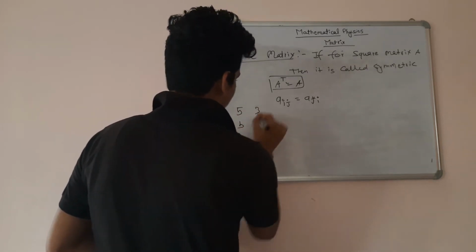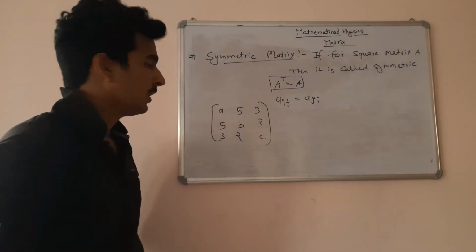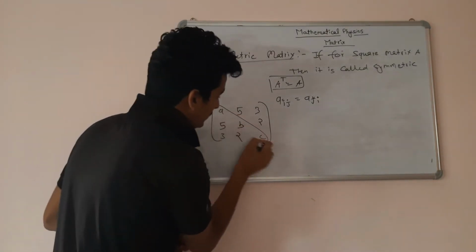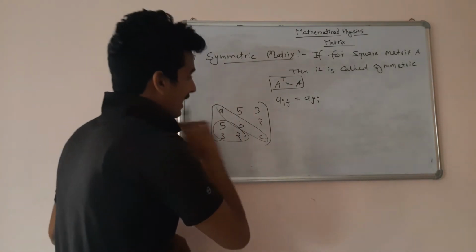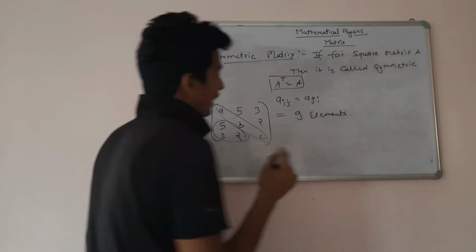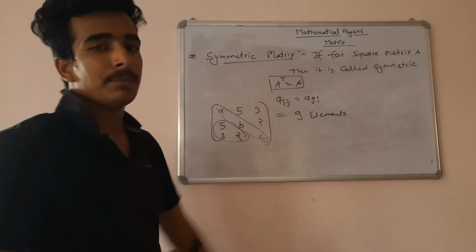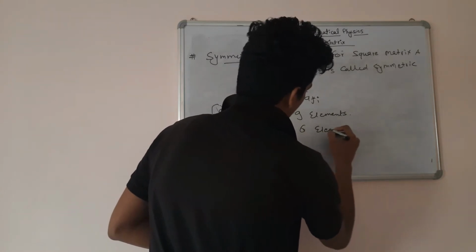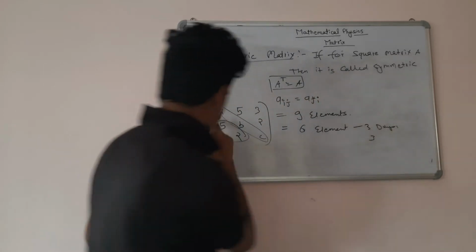Now let me take the same example for all questions. This is my symmetric matrix. The independent elements I can choose are first my diagonal elements, I can choose any diagonal element, and then these 3. So in a matrix in which there are 9 elements, in the case of a symmetric matrix, I can choose 6 independent elements: 3 diagonal and 3 upper or lower.